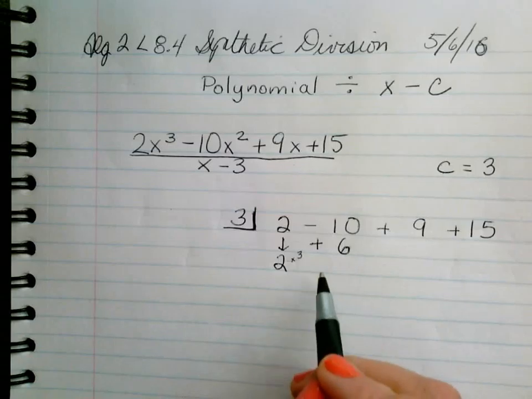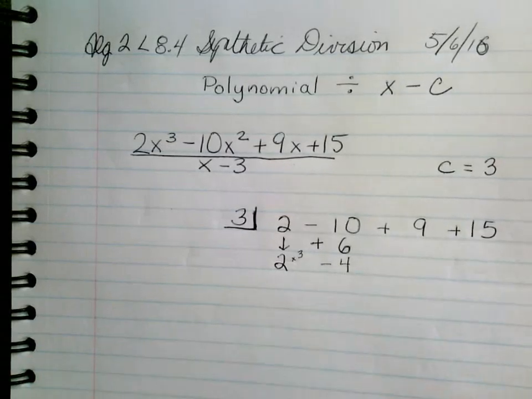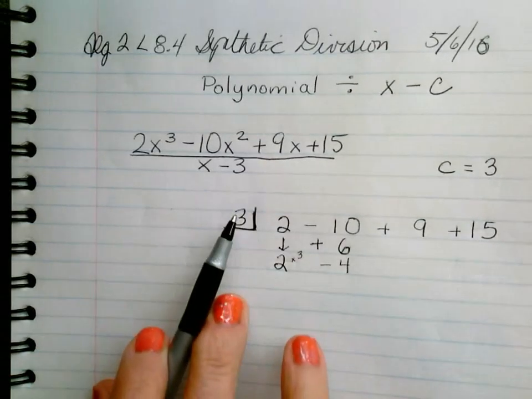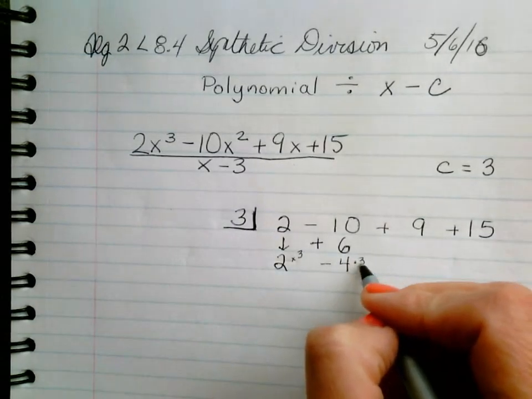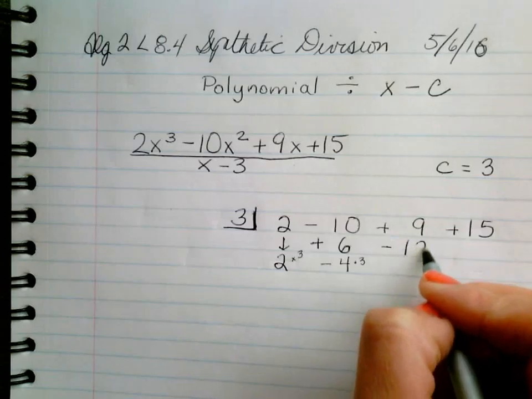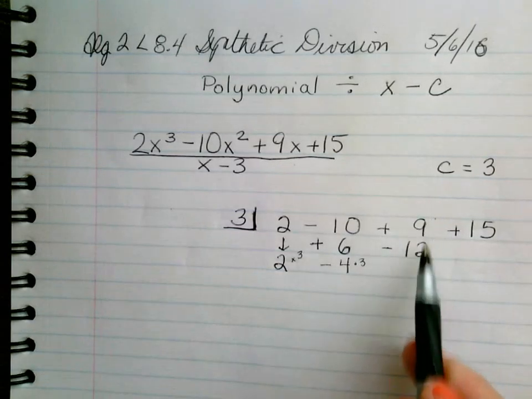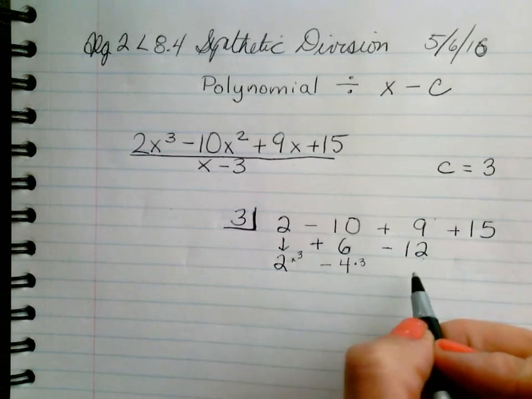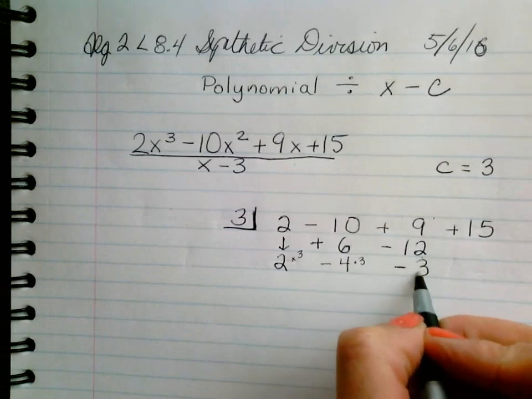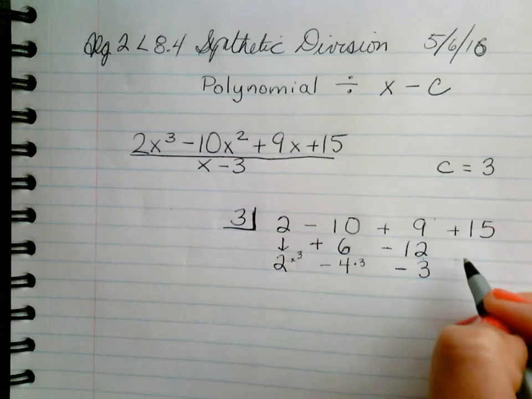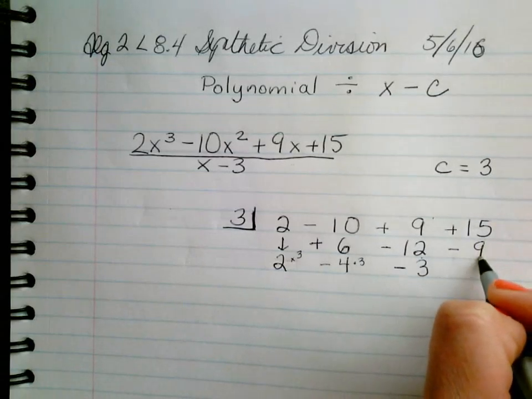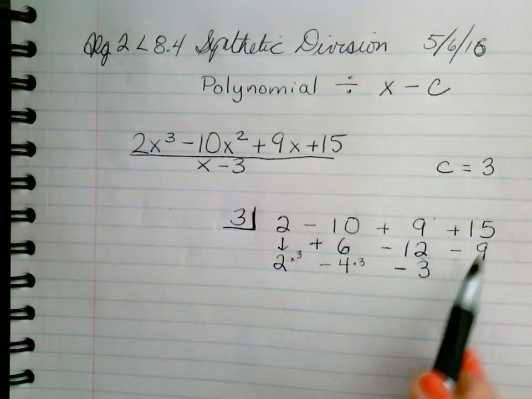Add together. Multiply by the divisor. 4 times 3. Add these two items together. Multiply by the divisor. Add these two things together.